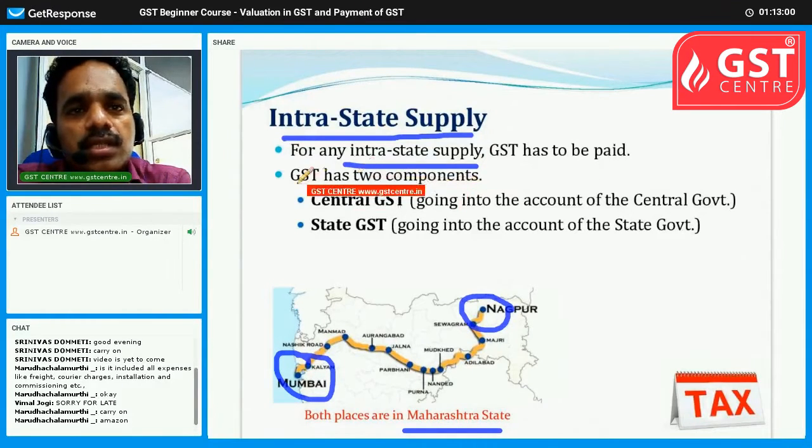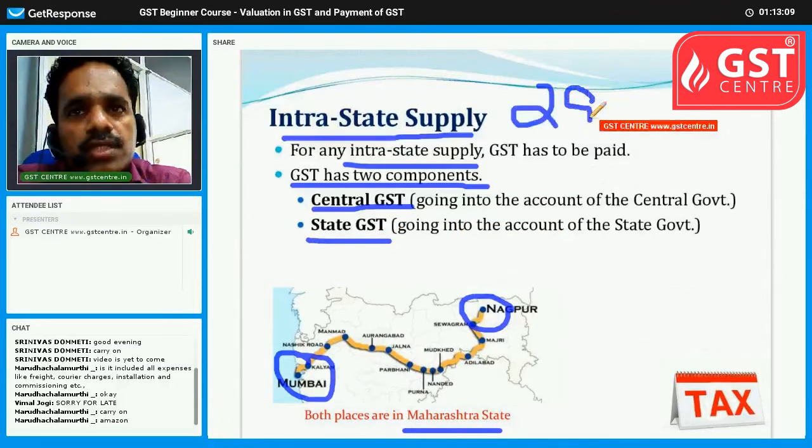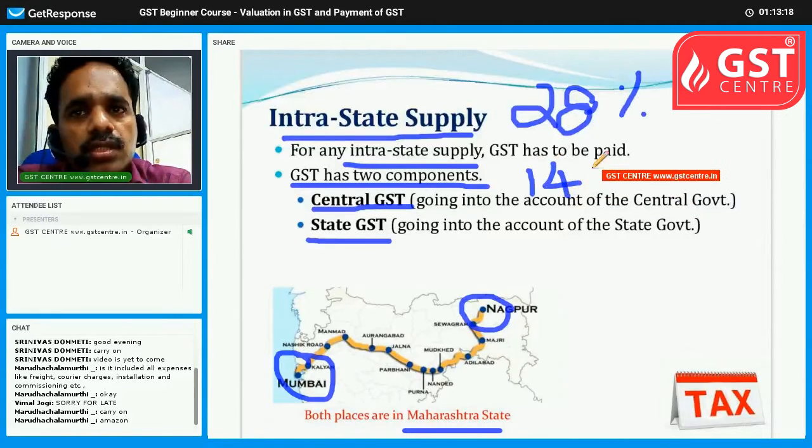And in that case, GST has two components, central GST and state GST. Suppose the rate of GST was 28%. In that case 14% will be CGST and 14% will be SGST.